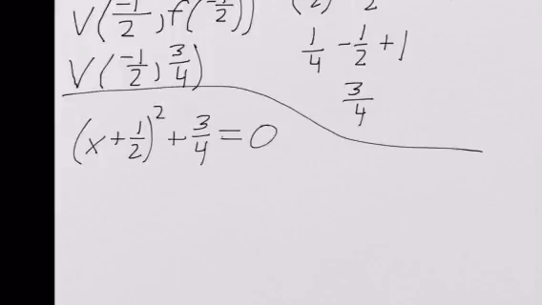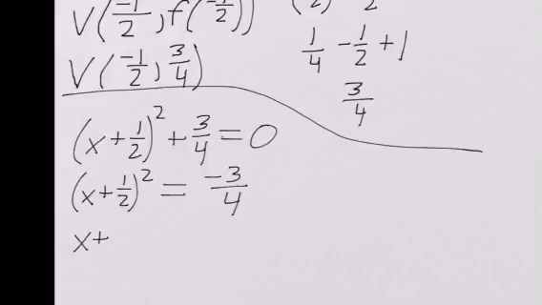So now we can go ahead and subtract 3/4 from each side. And then we can take the square root of both sides of this equation, being careful that when we take the square root, we need to include plus or minus.